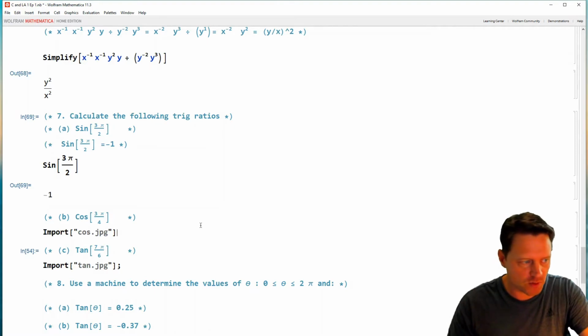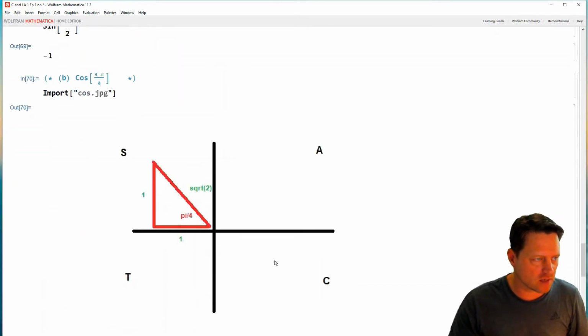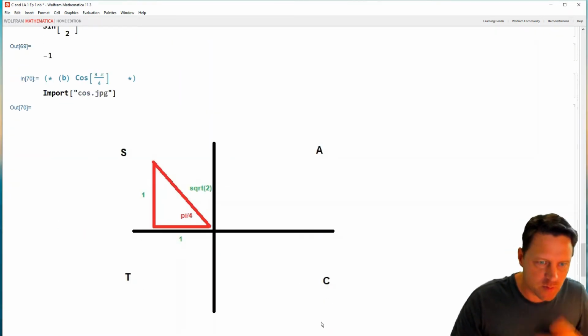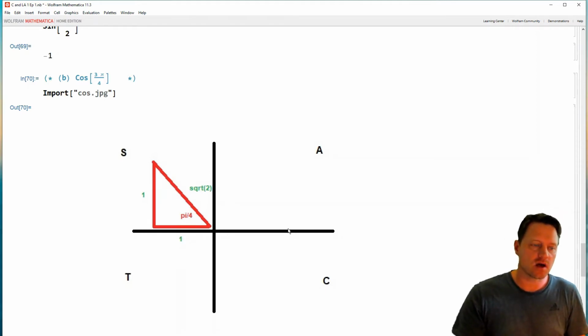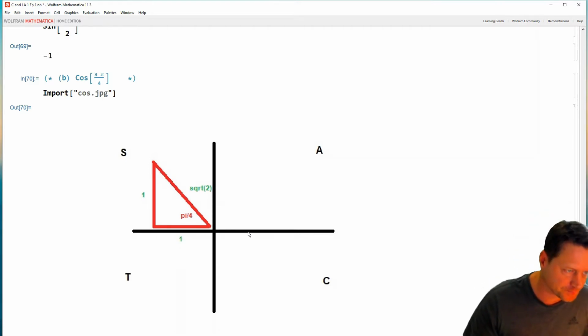So I'll import it and show you, and we can make this a little bit smaller when we're ready to work. So we come around here from the positive end of the x-axis to that angle, and then we consider the triangle within this with the base on the axis.